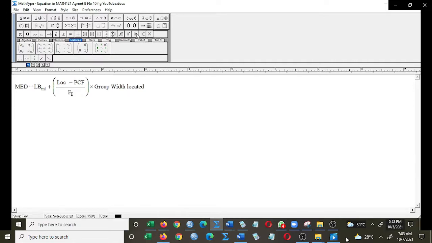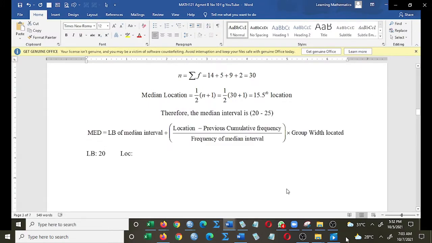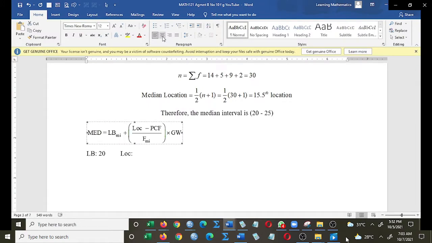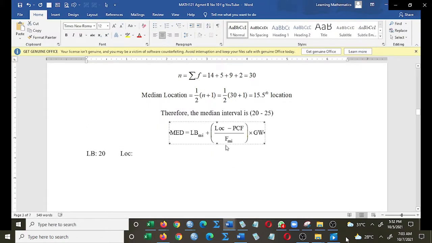Okay, so that's why maths and English are very much interrelated. Group width, GW. In certain formulas, you'll just see symbols alone. All right. Sometimes it's Greek symbols that is used. So you see how it's looking now like a formula. So that's basically what maths does.